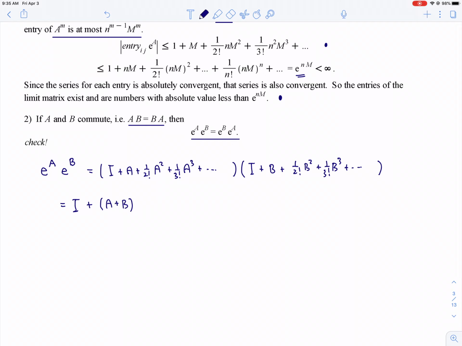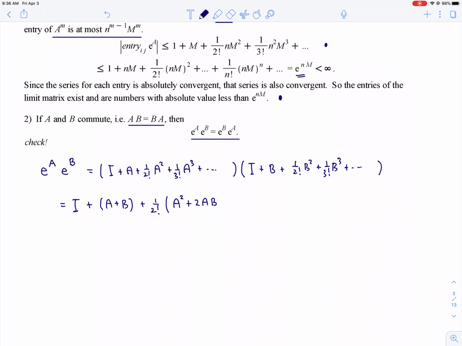If I look at the terms that have a total power of 2, I'll factor out the 1 over 2 factorial from the A squared times I term. And then I also get an AB term in the product, but if I put it inside the parentheses, that's a 2AB.